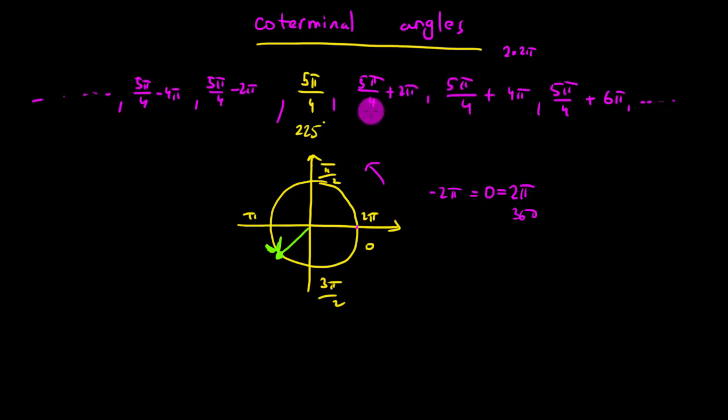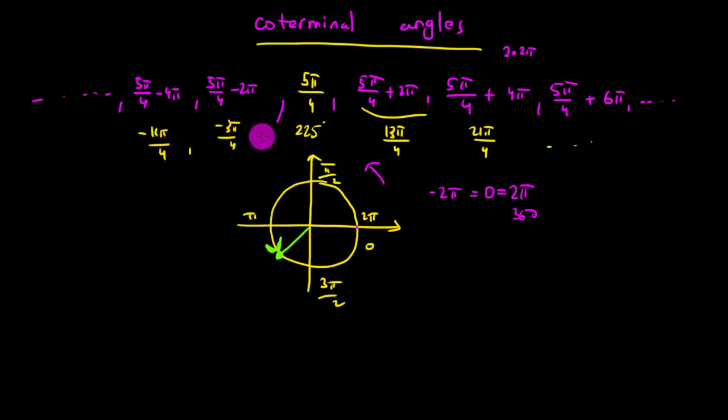So what is this angle? If you add them, it will be 13 pi over 4. This one would be 21 pi over 4. It will continue, and this one will be minus 3 pi over 4, and this one will be minus 11 pi over 4.